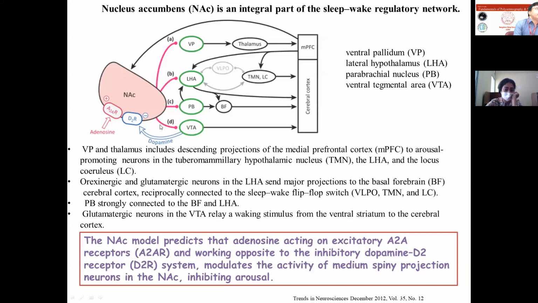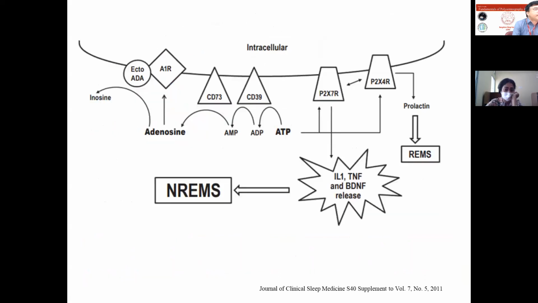Thus adenosine acts through A1 and A2 receptors, both presynaptically and postsynaptically through the A1 receptors, and directly on A2 receptors in the nucleus accumbens. So it inhibits all the wake-related circuitry and thereby initiates sleep. So this will give the full summary.